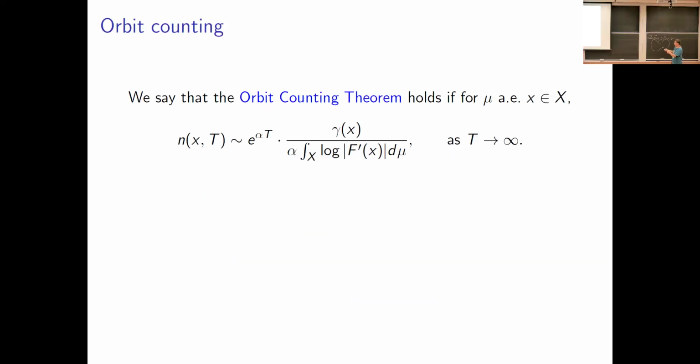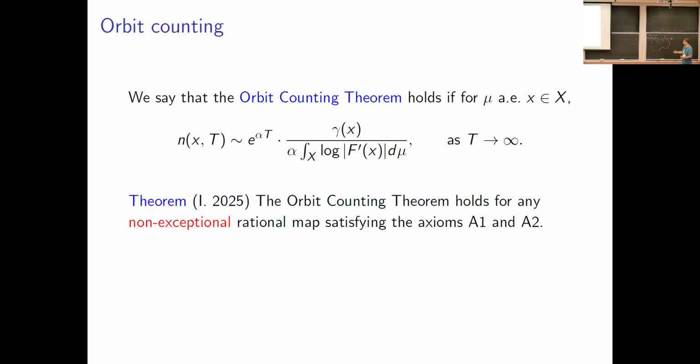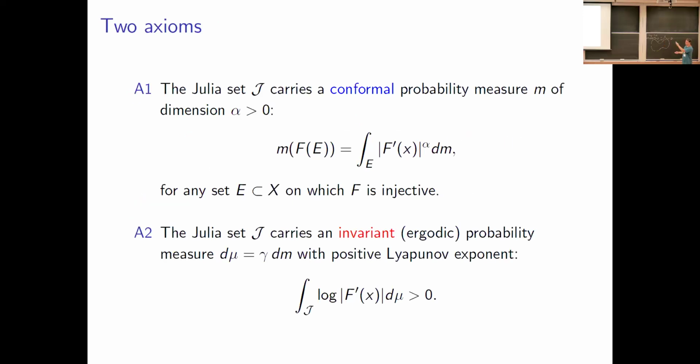Just looking at this formula, it involves alpha, it involves mu, it involves M through gamma, and also the Lyapunov exponent needs to be finite for this formula to make sense. So in order to state this theorem, one is forced to make those two assumptions. The two assumptions are necessary to even get started.